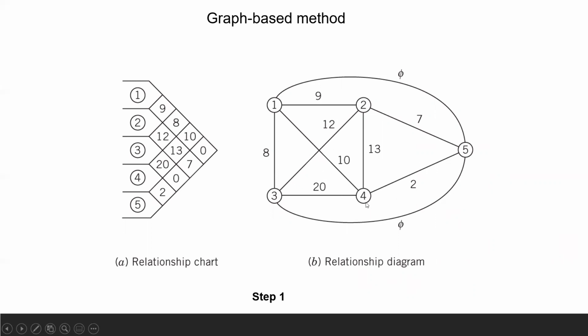Again, initial layout, kailangan kasi dito ng initial layout. Okay? 1, 2, 3, 4, 5. Questions? Nakuha naman ano? 2 to 4, that's 13, 20, 3 to 4.